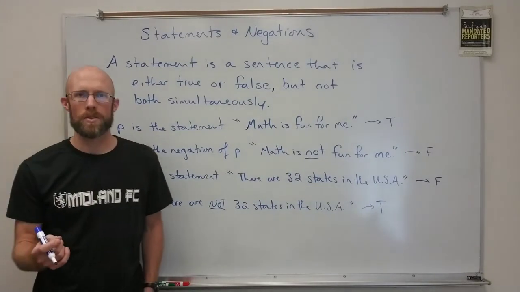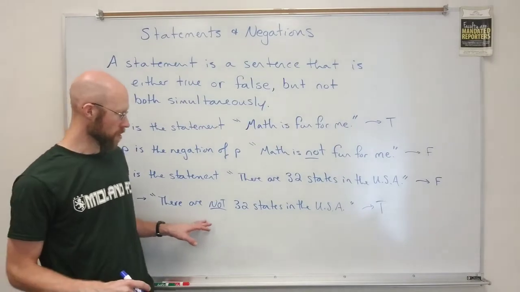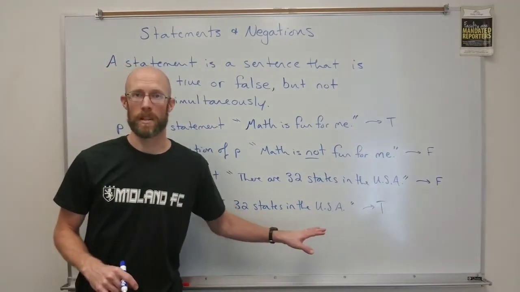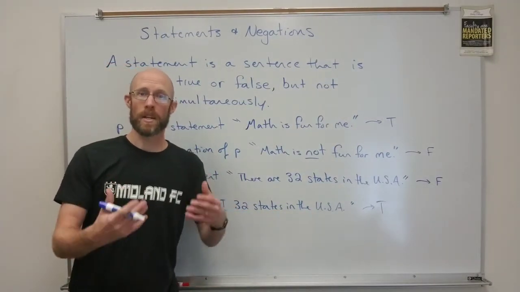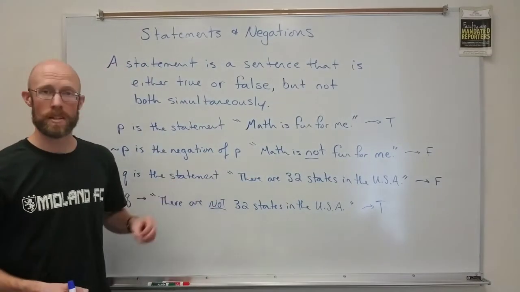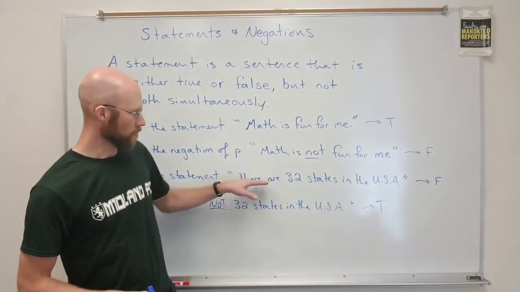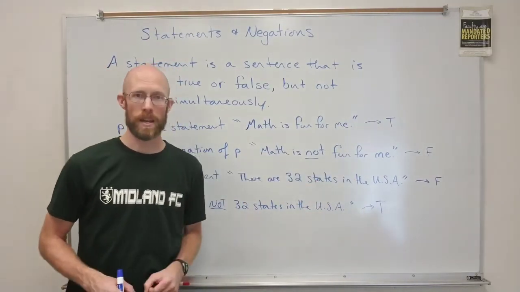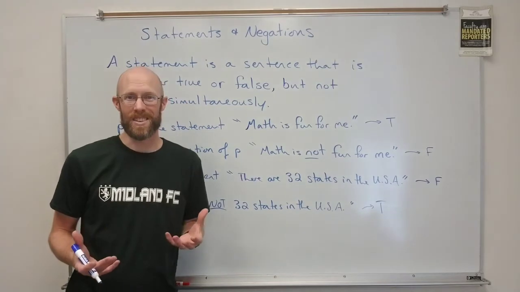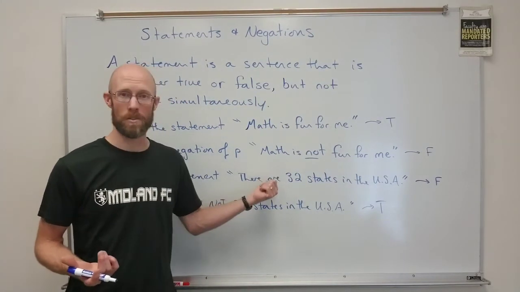Now notice that I did not say here there are 50 states in the United States. Giving another number is not the negation of the first sentence. If I said there are 32 states in the USA, its negation isn't there are 50 states in the USA. That's not the negation of 32.